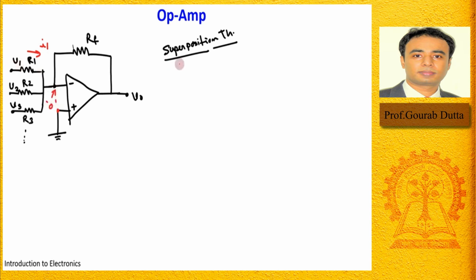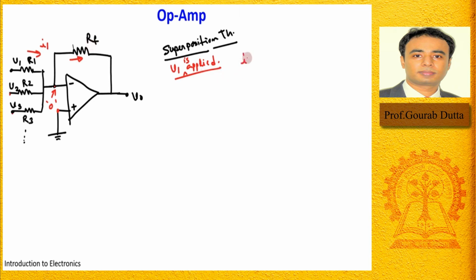Now when we are considering the superposition theorem for V1, only V1 is applied, then V2 is grounded, V3 is grounded. So this potential is at ground, this potential is also at ground. So this I1 cannot flow through R2 or R3. So whatever I1 is flowing has to flow through RF only, right?